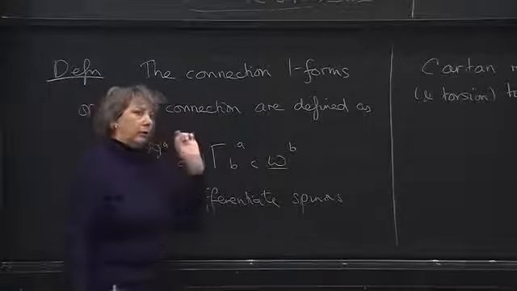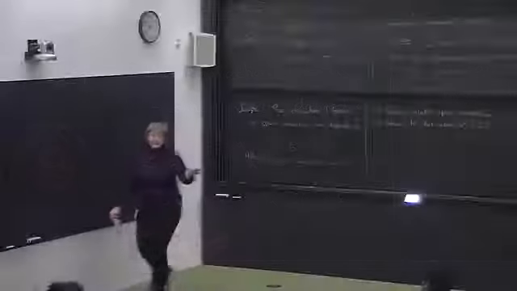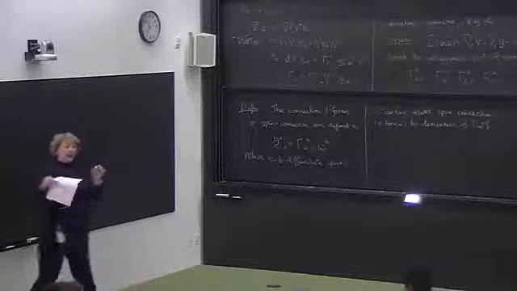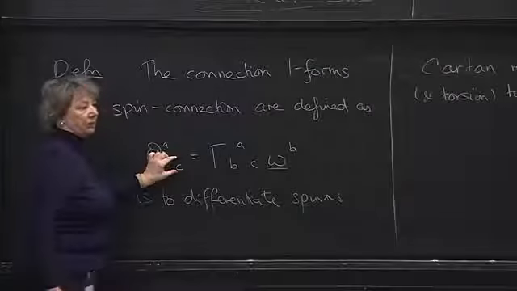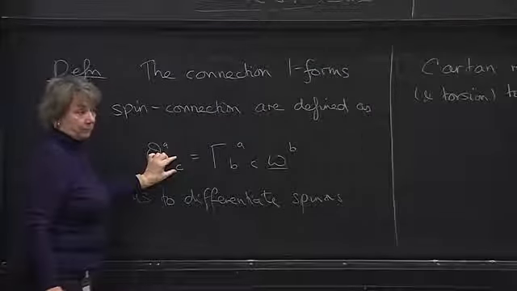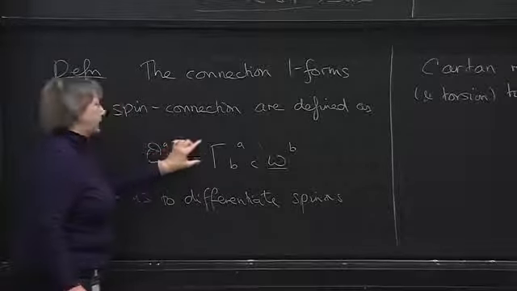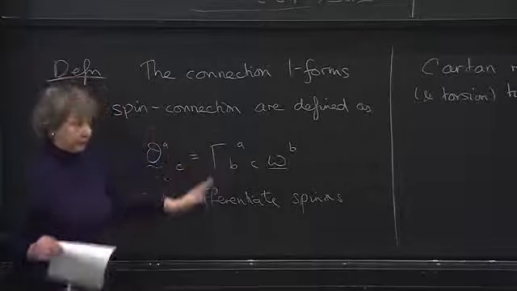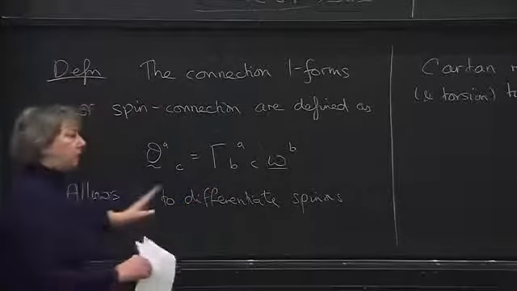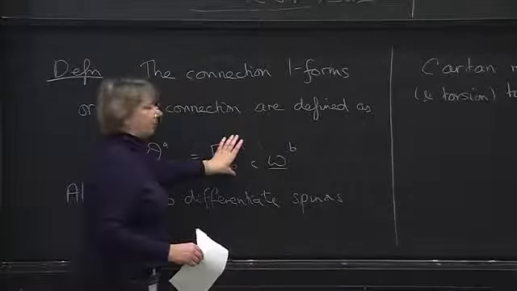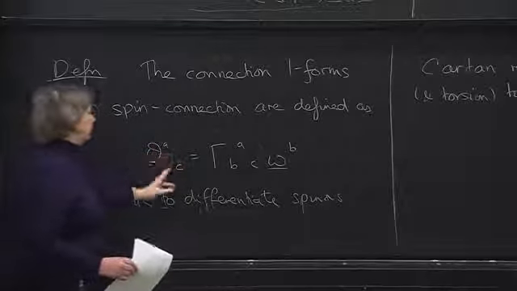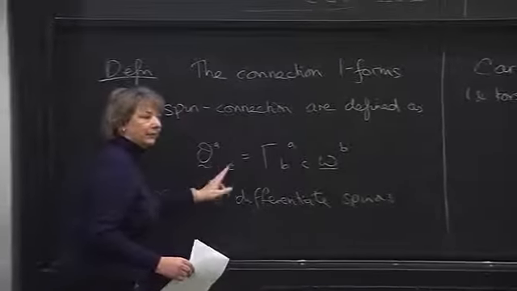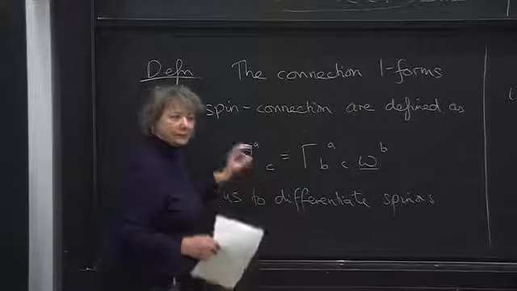I'm really glad you asked that question because it highlights this difference. You should not think of these indices as tensor indices because they're not. They're just labels. So we do not hit the problem that gamma isn't a tensor, because these are not tensor indices. Does that make sense?